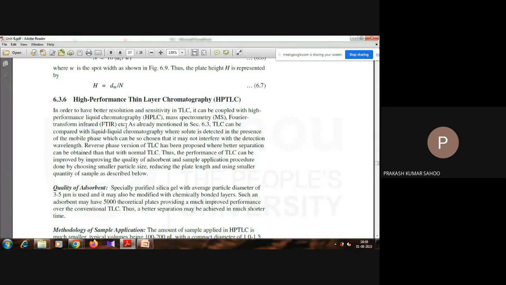These are also coupled with TLC. TLC can be compared with liquid chromatography, and there is also another concept: a reverse phase version of TLC has been proposed, where better separation can be obtained.